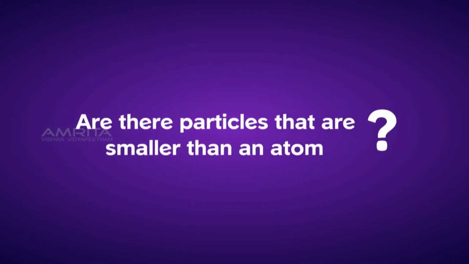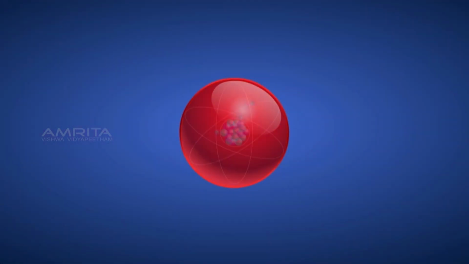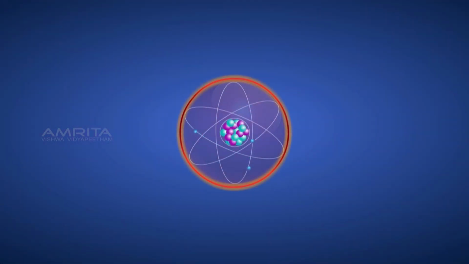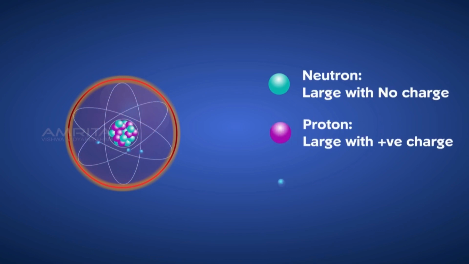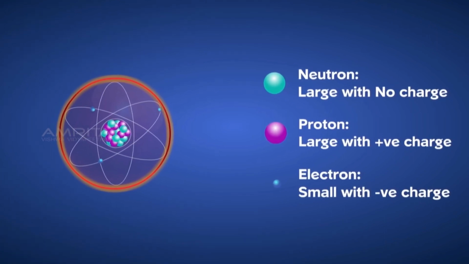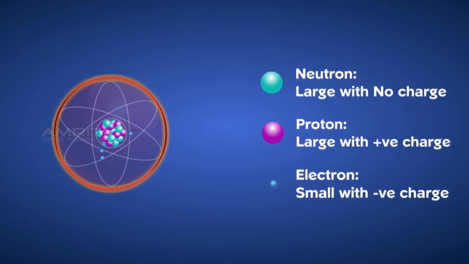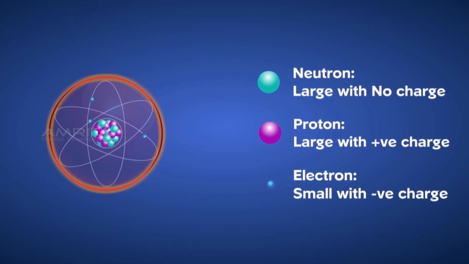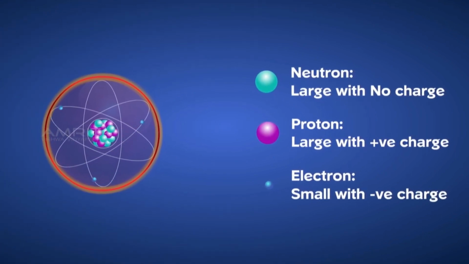Are there particles that are smaller than an atom? Sure, there are. The discovery of the fundamental particles, protons, neutrons, and electrons inside the atom led to the failure of Dalton's atomic theory. This also proved void Democritus's and Kannada's theories that atom is indestructible.